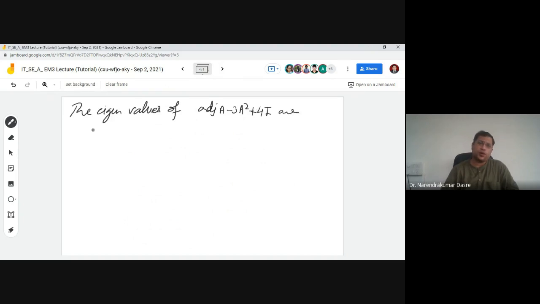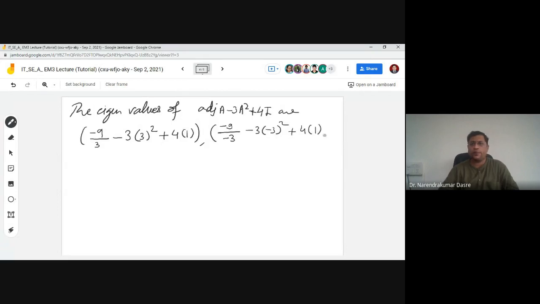So what will happen here? For this, first, lambda is equal to 3. So here the eigenvalue of adjoint corresponding to 3 is determinant of A by 3, that is -9 by 3, minus 3 into 3 square, plus 4 into 1. So this is the first eigenvalue we have. Then the second eigenvalue: -9 by -3, minus 3 into (-3) square, plus 4 into 1.